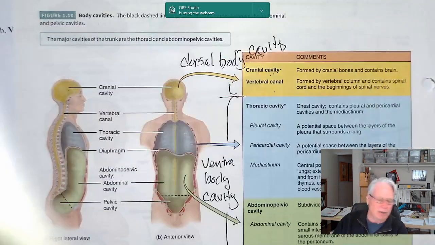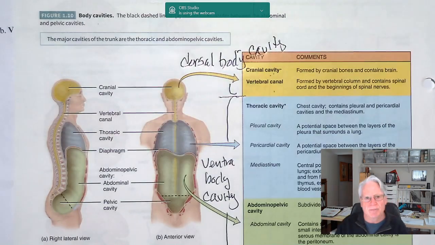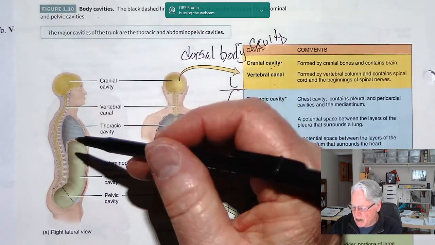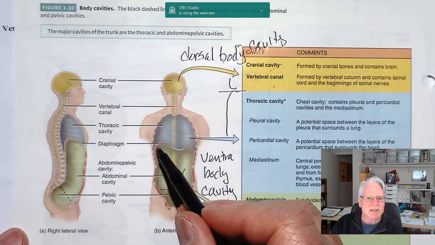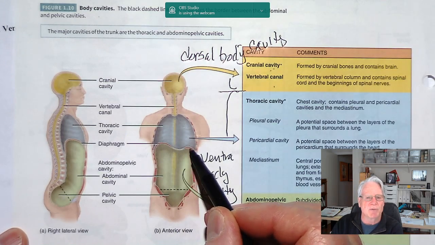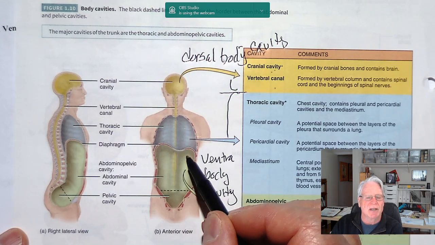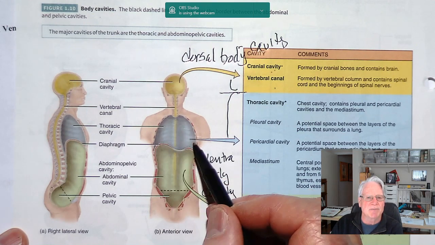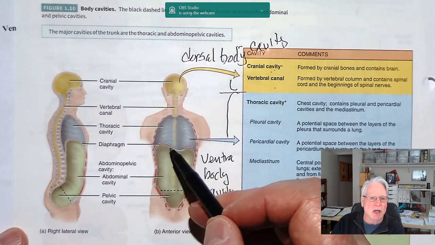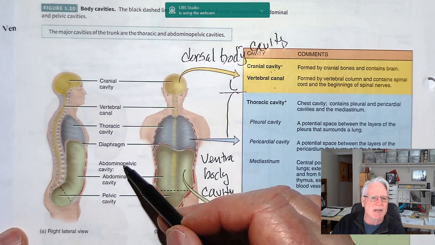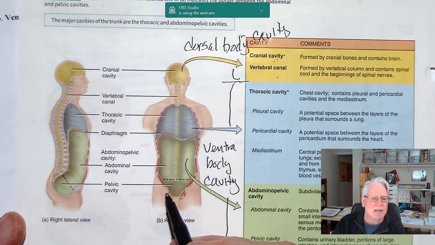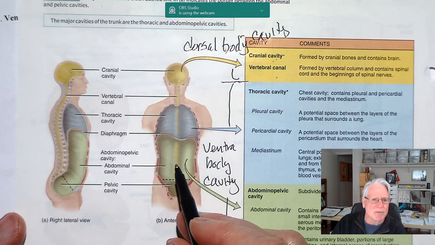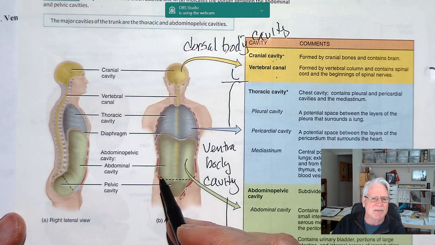In fact, we're using the same exact landmarks to make that division. Okay. So if we come back here, you see that I have a very large space here. That's your thoracic cavity. This is my diaphragm. So again, remember that's the landmark we used earlier. Everything above the diaphragm, that space is the thoracic cavity. Below the diaphragm is the abdominal pelvic cavity. And then we're going to divide the abdominal pelvic cavity into two smaller spaces, the abdominal cavity and the pelvic cavity. And we have that second dotted line.